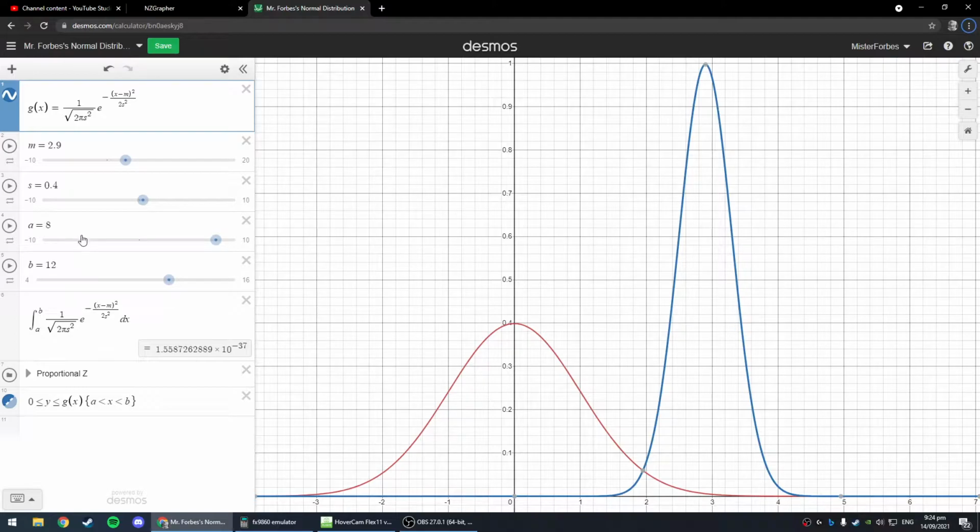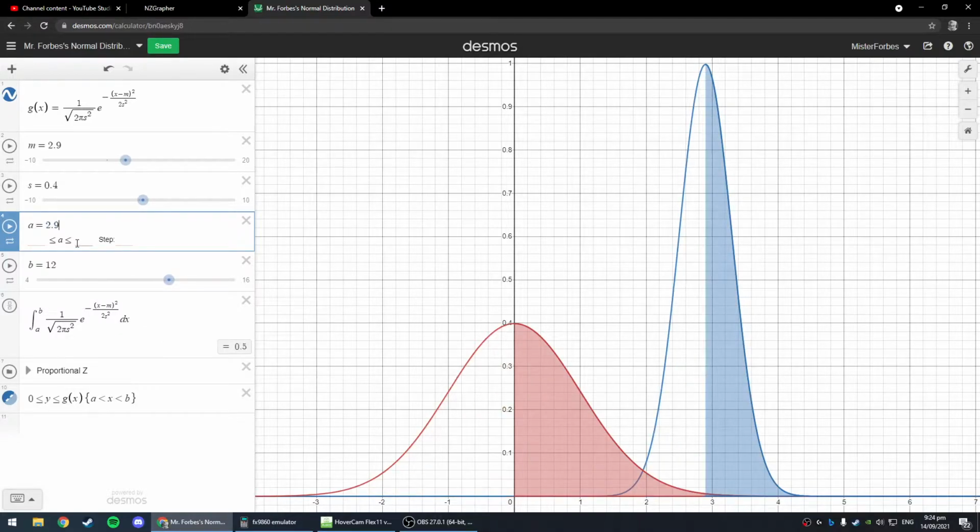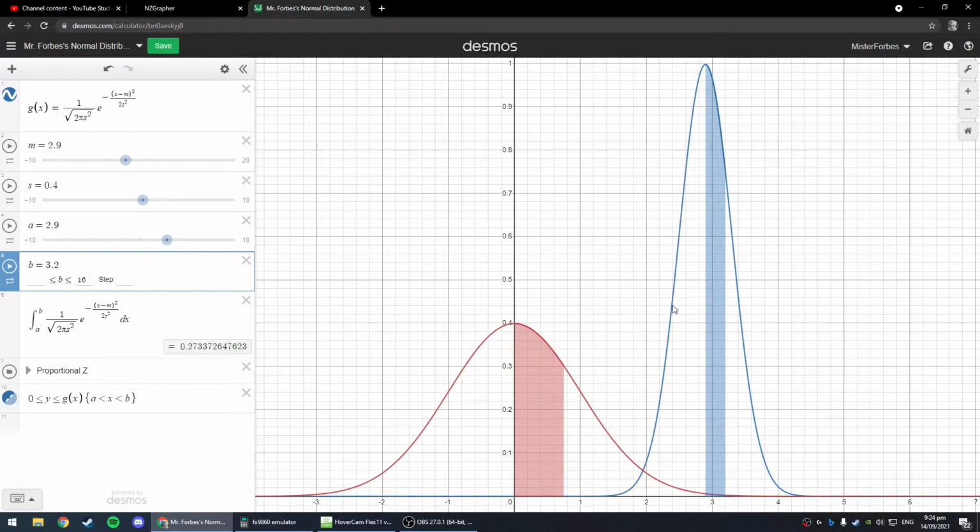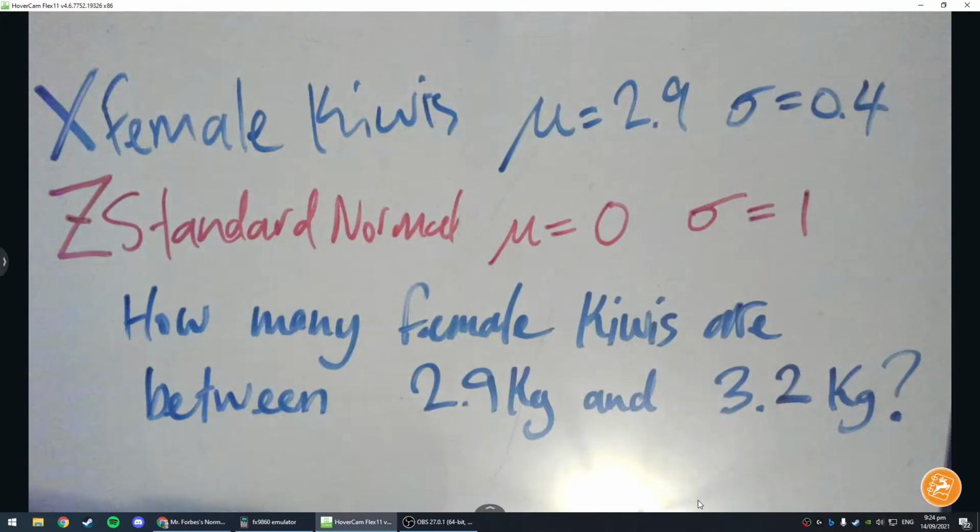So what we're going to do is I've got this little thing set up so that you can put in two values. The first value is 2.9 and the second value we decided on was going to be 3.2 kgs. And it colors in an area on our X, or our distribution of female Kiwi weights. Right? So any female Kiwi that is in this bound is going to satisfy this.